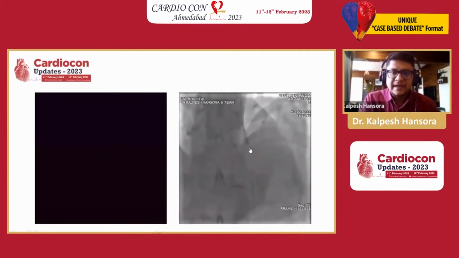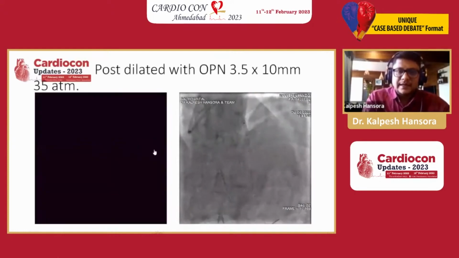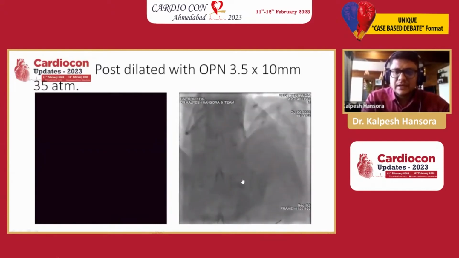So 3.5 by 10 millimeter, dilated at 35 atmospheres. Repeatedly, we gave almost 3 to 4 dilatations up to 35 atmospheres, and went up to 40 millimeter. But still there was some residual under expansion in the mid LAD part.